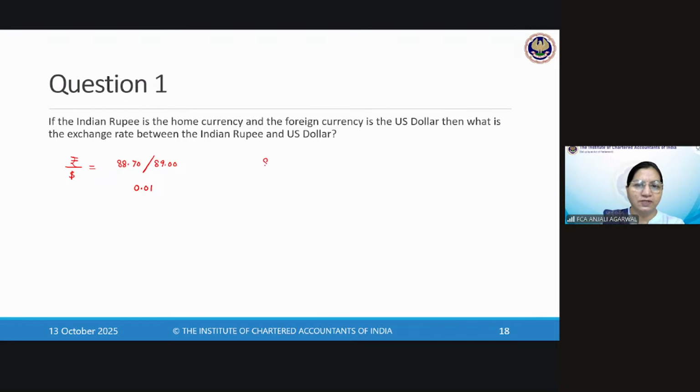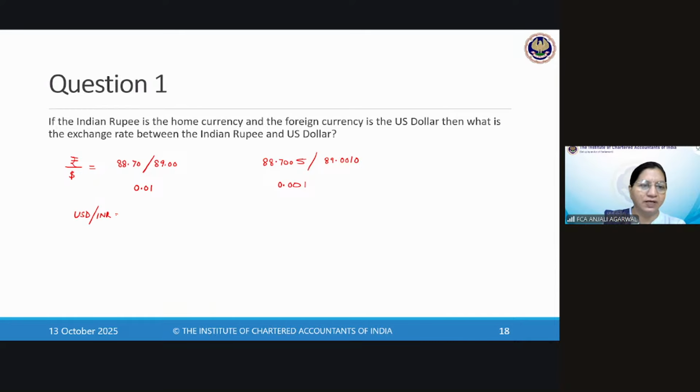We could have also expressed it with pip points as 88.7005/89.00. It can also be expressed as the code which has been given, USD INR.